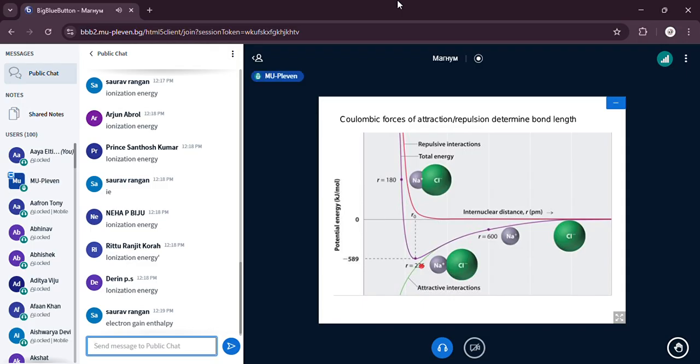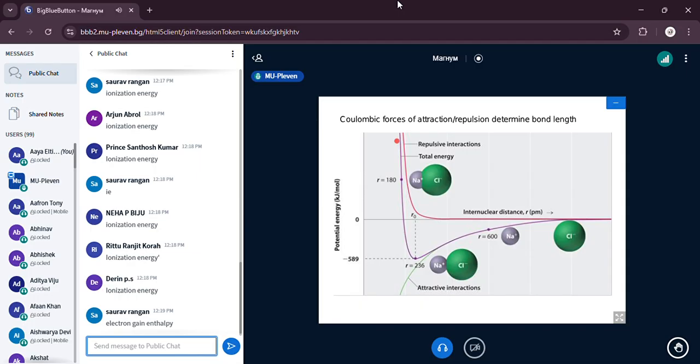after that point, repulsive forces arise. And if they are put closer, repulsive forces arise to a greater extent. What is the reason for repulsive forces?